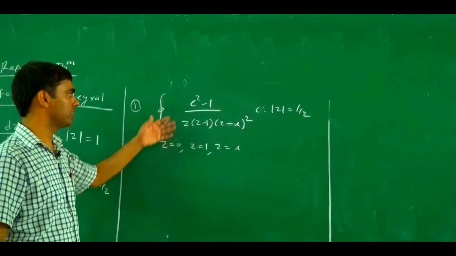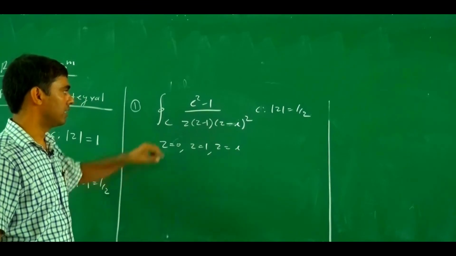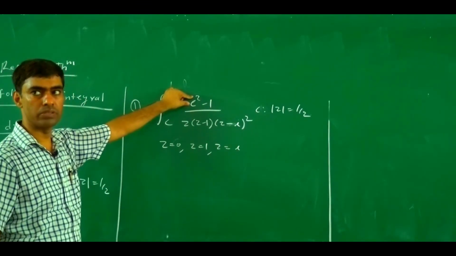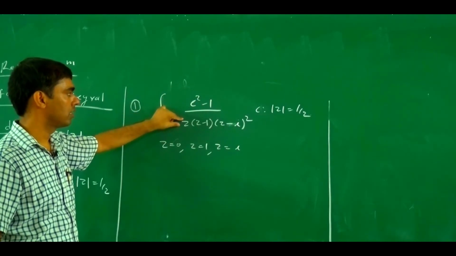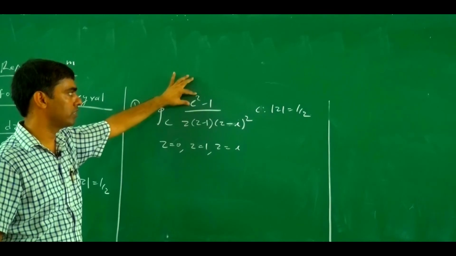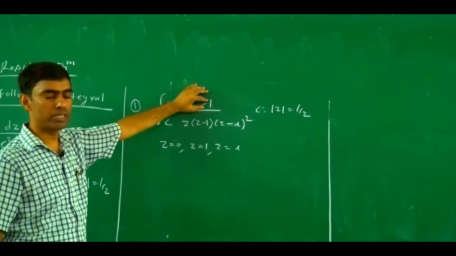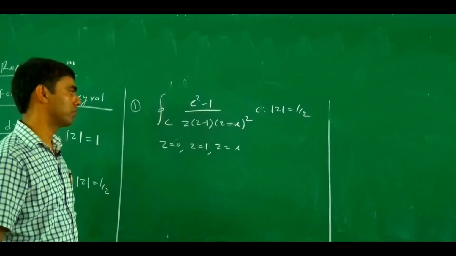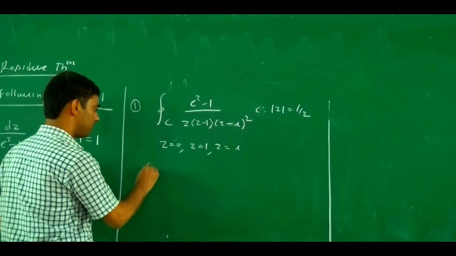So at z equal to 0, if you closely observe, the numerator is also equal to 0. And here z. So if we simplify this, at z equal to 0, we try to convert this function into a form where this one at z equal to 0 does not equal 0. So here f(z) is what?